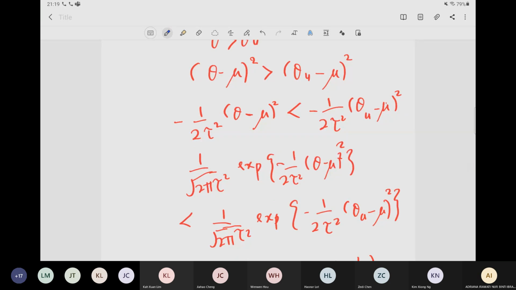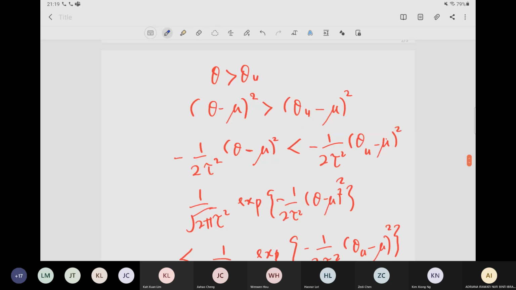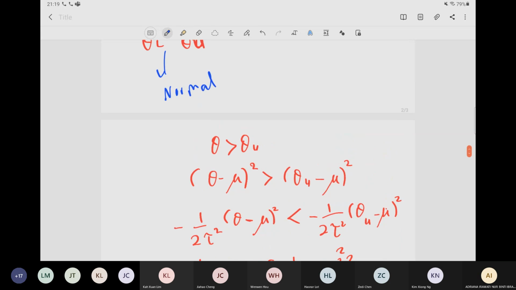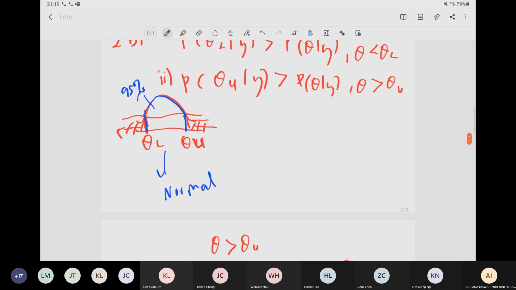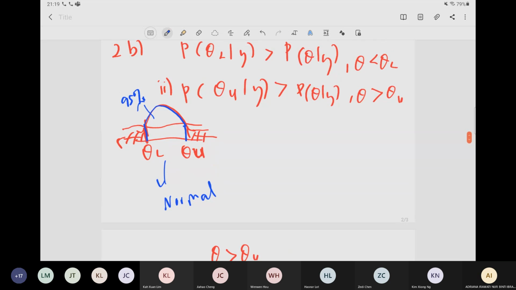I was thinking for the normal, it's almost obvious, although we have to show it algebraically. If it's a symmetric distribution, there is no way for the interval to shrink or expand and still maintain 95%.